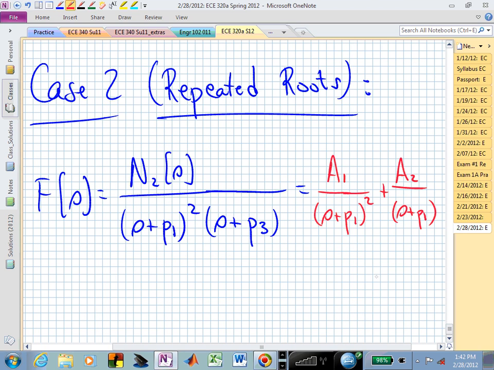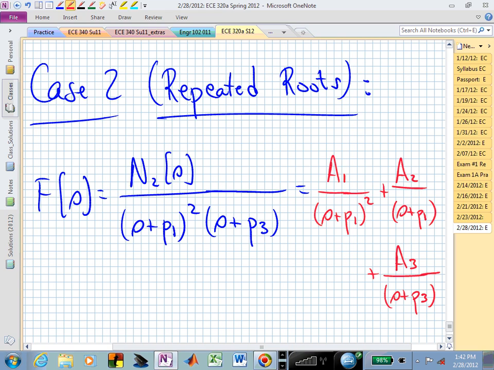It's going to have really the same structure as before. It's just that now the s plus p1 factor is going to have two different partial fraction terms associated with it.